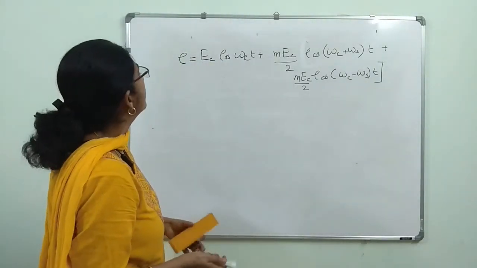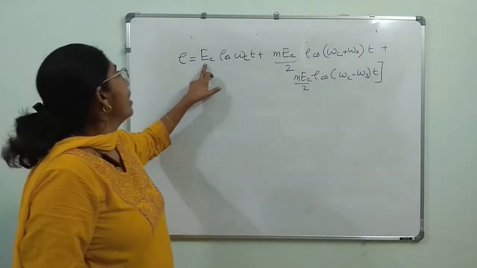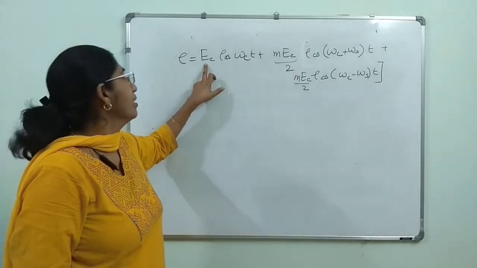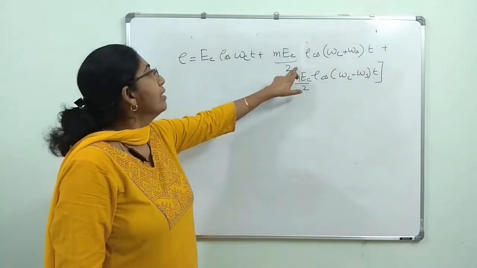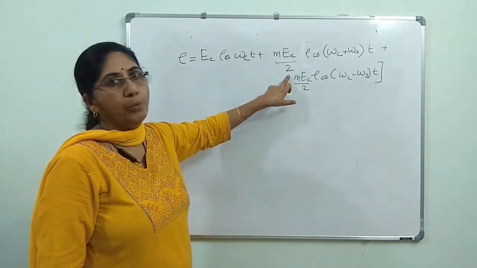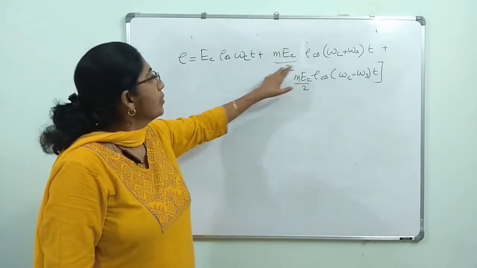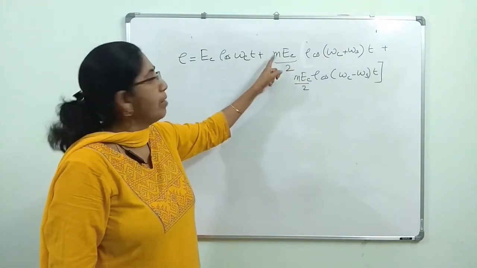Here you can see that the first component has the same amplitude as that of the carrier wave. Then the second component has the amplitude MEC by 2. MEC is actually the amplitude of your signal, so this has half the amplitude of the signal.